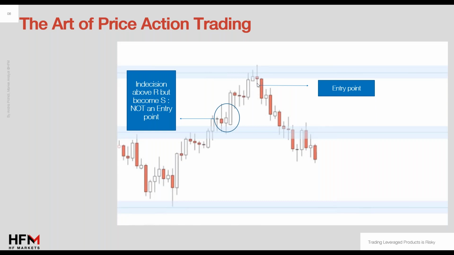Why did you have a target level? Because the previous resistance can now be used as a target, or you can have multiple targets. Target number one, the immediate support, the resistance that has now turned to support, and target number two, the previous support.